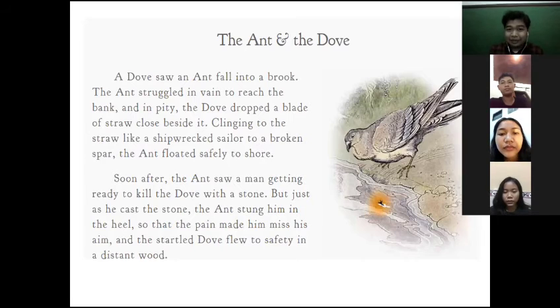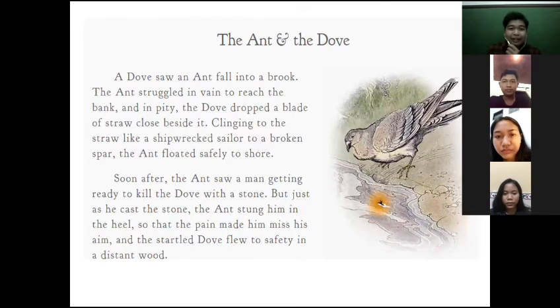Do you understand, students? Yes, sir. I think because time is up, that's all about the first lesson about narrative text. The next lesson, we will continue next week.